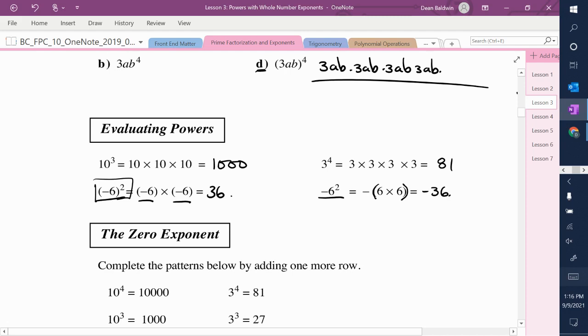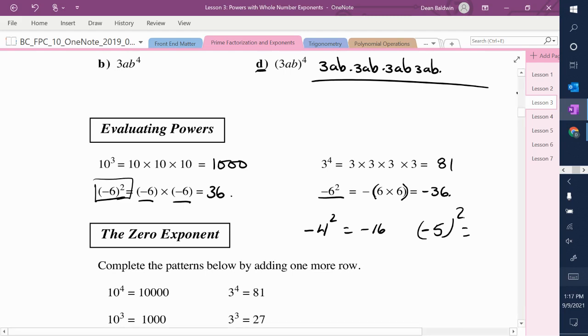Okay? When people are punching stuff into the calculator, they forget this subtlety. Okay? If I asked you to do -4 squared, you would tell me -16. If I said -5 all squared, you would tell me +25.